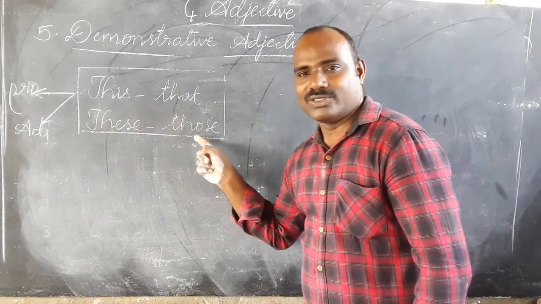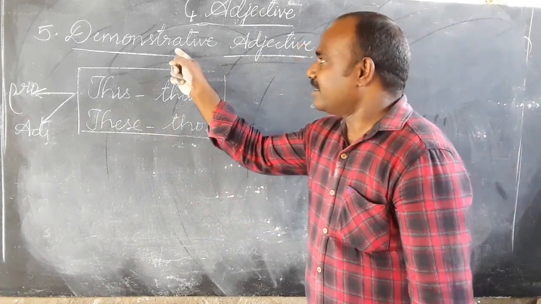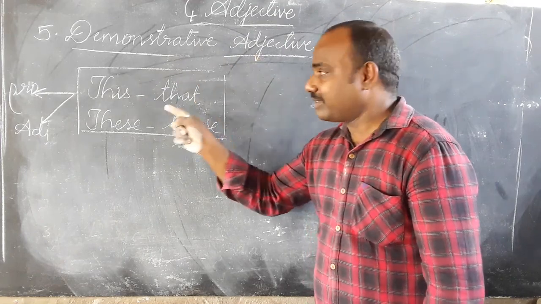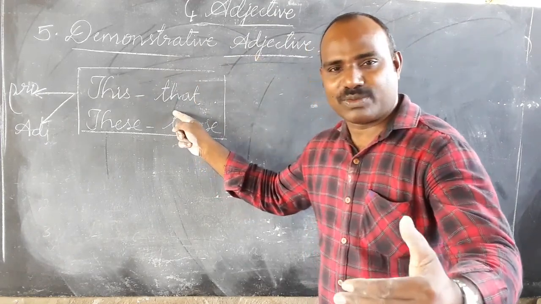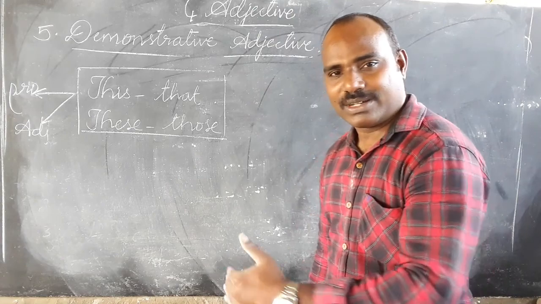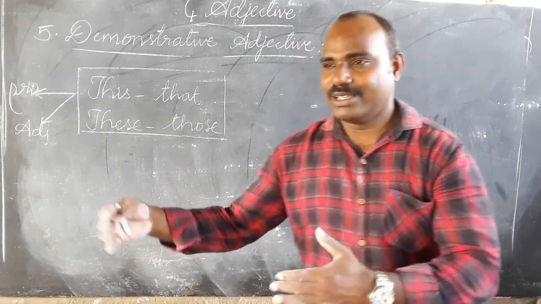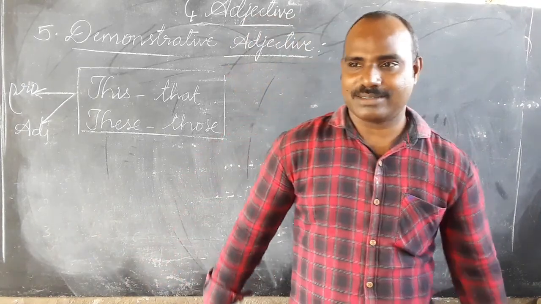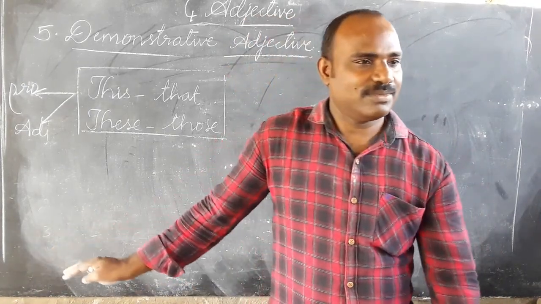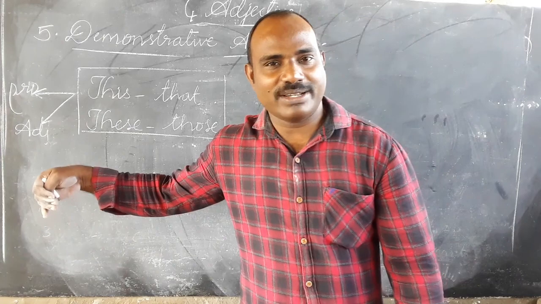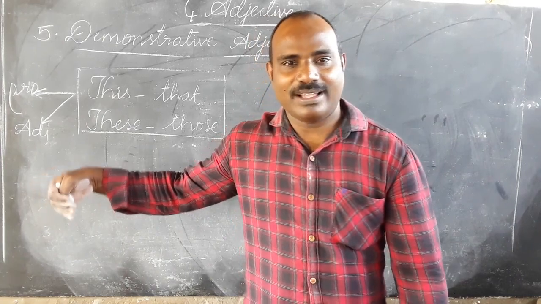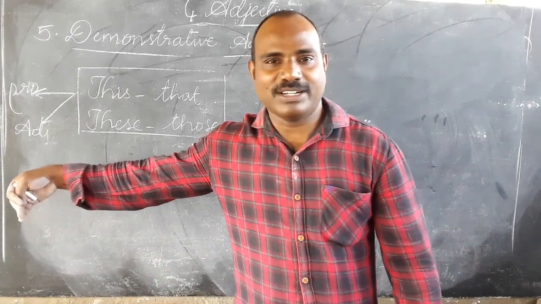This, that, these, those. These 4 words can be called demonstrative adjectives because these words are used to demonstrate someone or something. I mean, to talk about someone or something, to show someone or something. For example, if you introduce your best friend: hi, students, this is my friend Prabhu. Hi friend, these are my students, my old students.